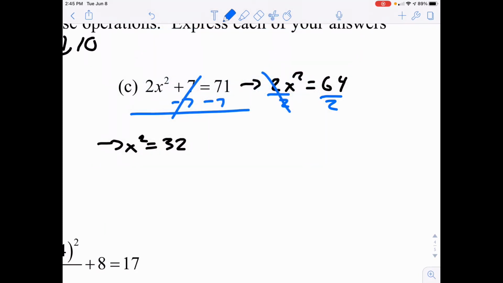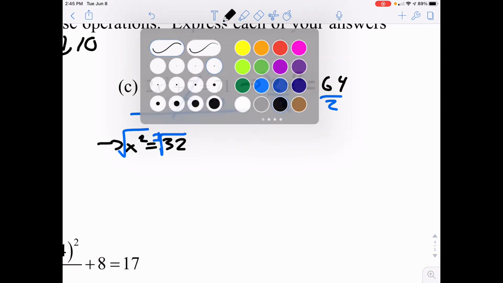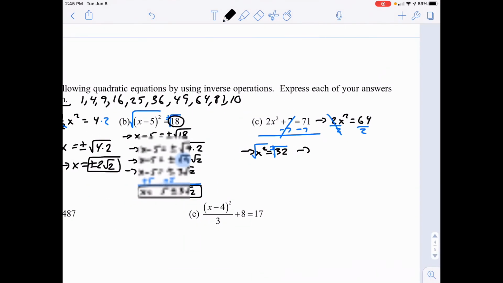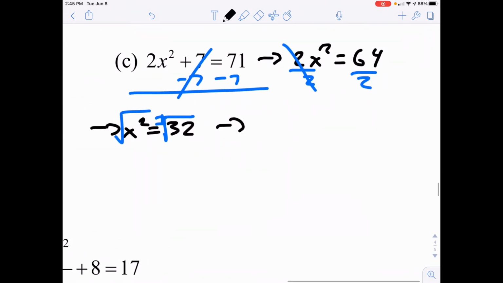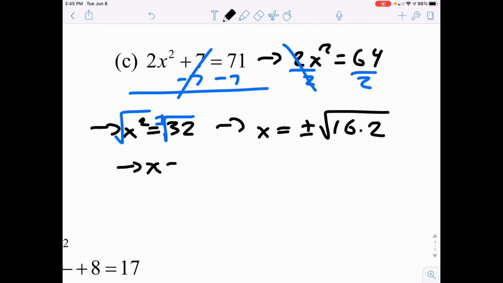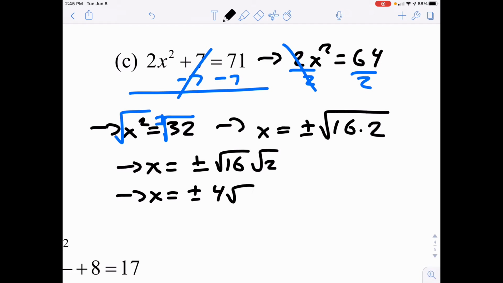Square root both sides. Now the largest perfect square that goes into 32 would be 16. So we get x is equal to plus or minus the square root of 16 times 2, which is the square root of 16 times the square root of 2, which is x equal to plus or minus 4 radical 2.